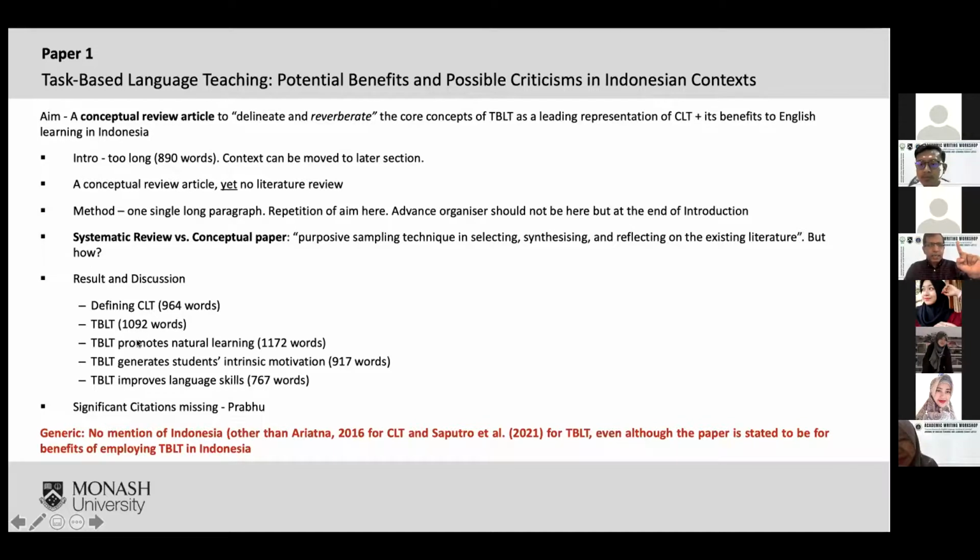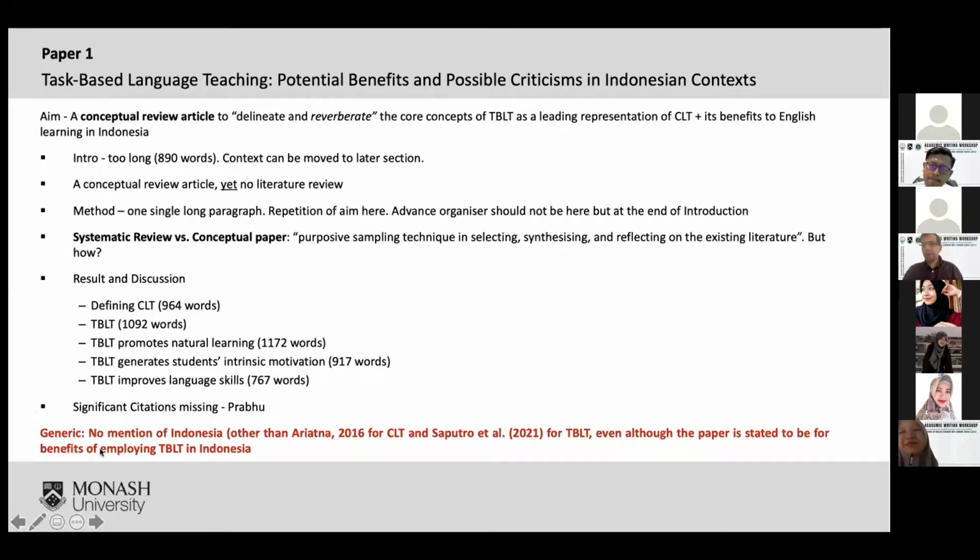In these three sections, Indonesia is not mentioned at all. Although the aim of the paper is to show the benefit of TBLT to English learning in Indonesia, Indonesia is entirely missing.